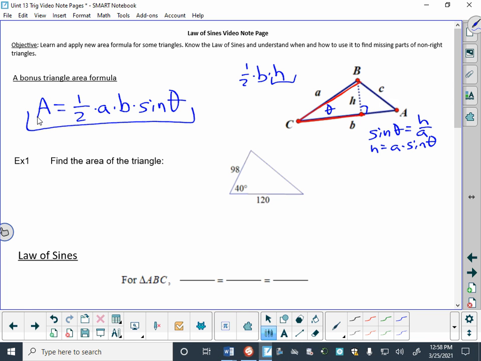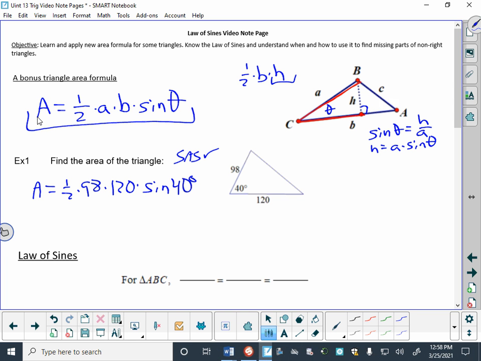So to find the area of this triangle, we have the side-angle-side situation going on. The area of that triangle will be 1/2 times 98 times 120 times the sine of 40 degrees. I make sure that my calculator is in degree mode for this because the angle is labeled in degrees.